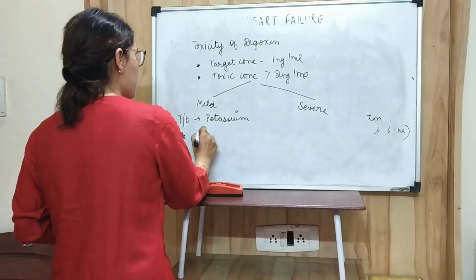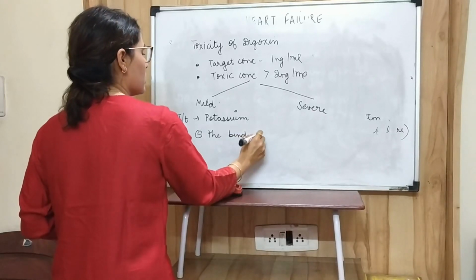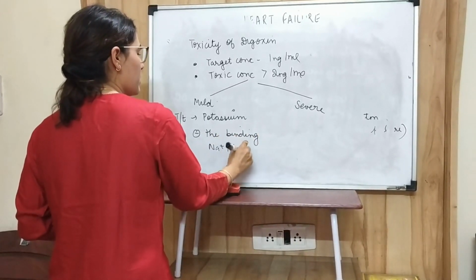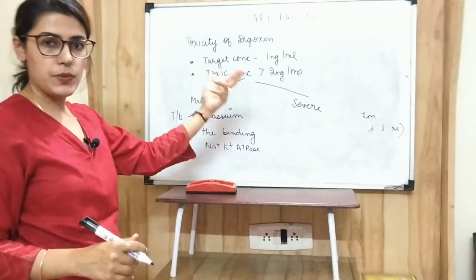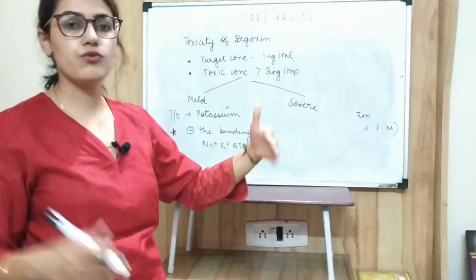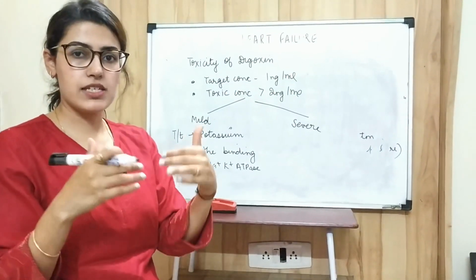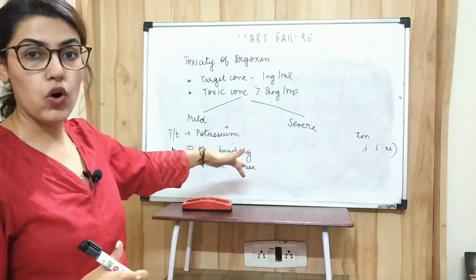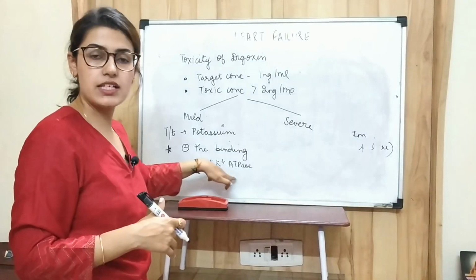Because it inhibits the binding of digoxin to sodium potassium ATPase. Potassium is present extracellularly, outside the cardiac cell, where digoxin is also present. So both of them compete for the sodium potassium ATPase enzyme. And when potassium is given, it will inhibit the binding of digoxin to the sodium potassium ATPase enzyme.